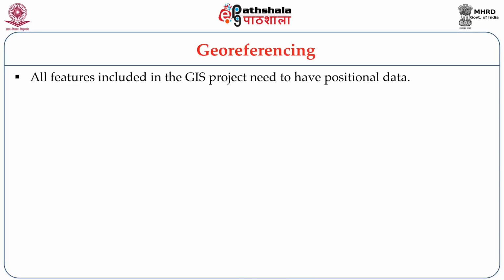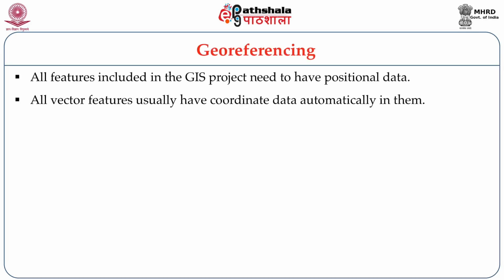So when we use different kinds of maps and satellite imageries, these maps and imageries have to be attached with information that tells them where they have to be positioned in the map. So all features included in the GIS projection need to have positional data.